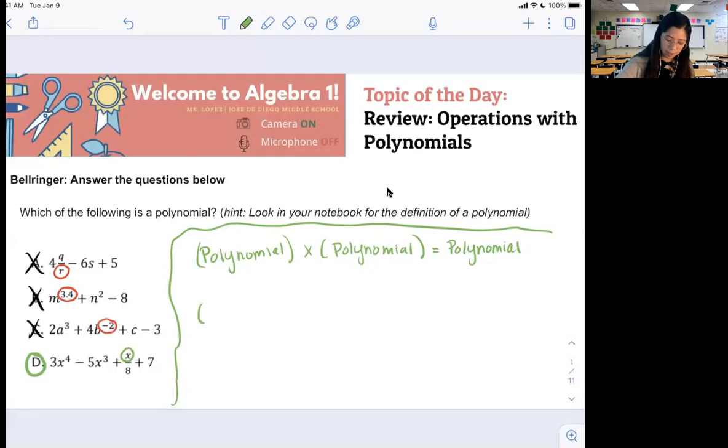When you add two polynomials, most of the time you will also have a polynomial, but sometimes you won't. So this is sometimes. And I'll just do a quick example of that.